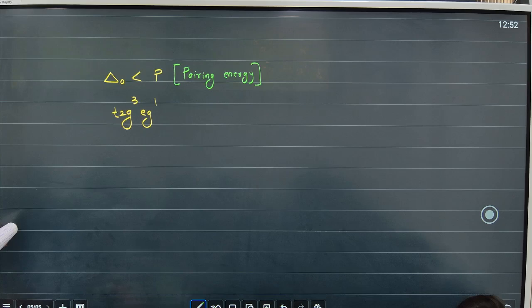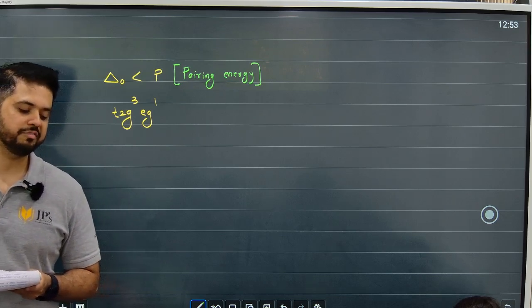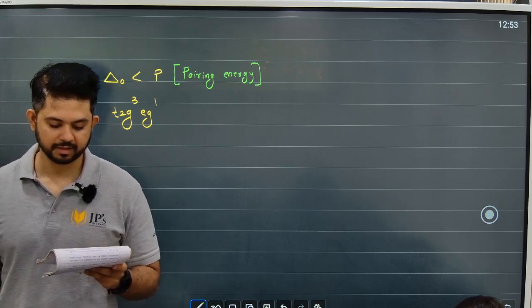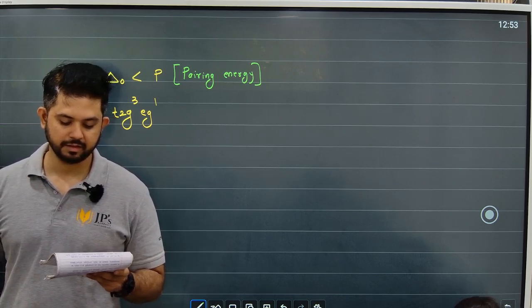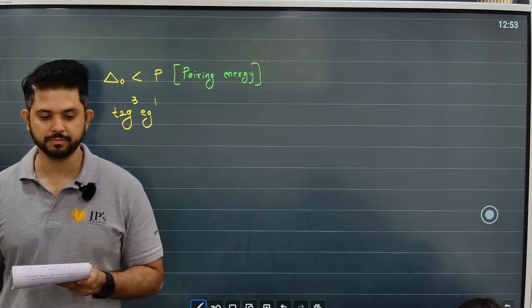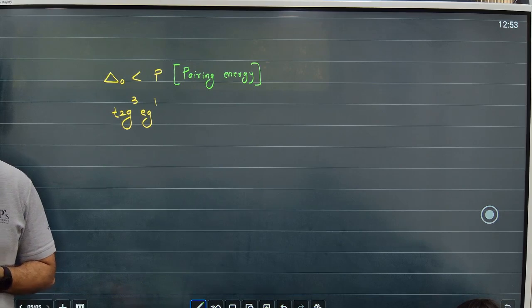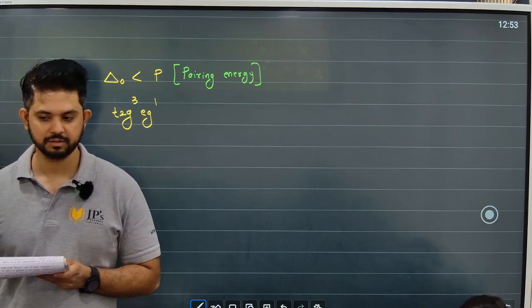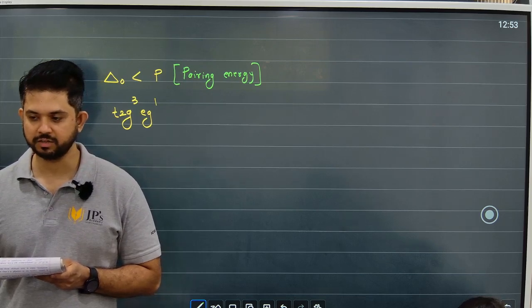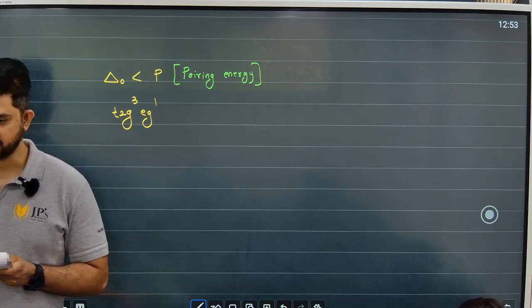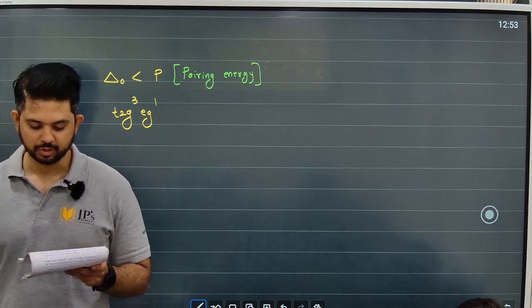Next subpoint. If delta naught is greater than P, it becomes more energetically favorable for the fourth electron to occupy what, people?